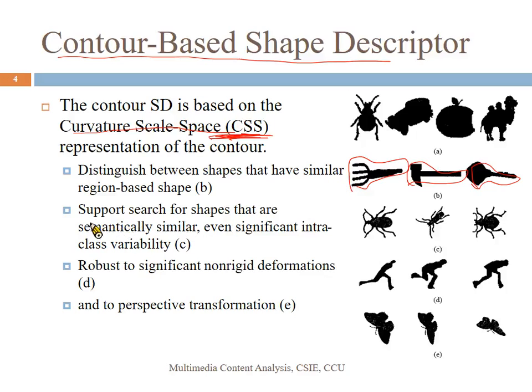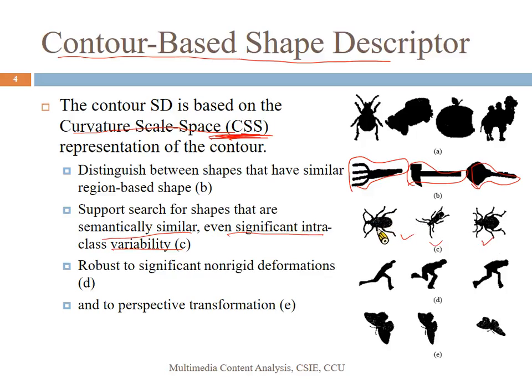The second one is that it supports search for shapes that are semantically similar, even with significant intra-class variation, like here. We can see these three objects are all insects. Some insects are fat, and some insects are thin and long. If we use the region-based descriptor, we may think that these three objects are different.